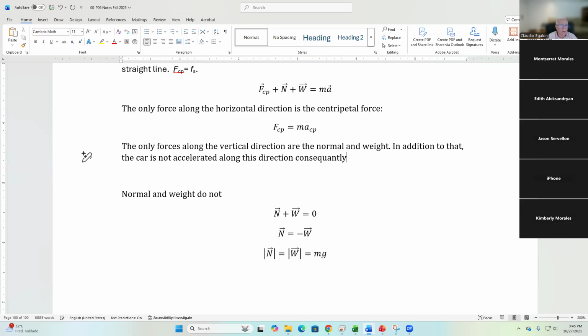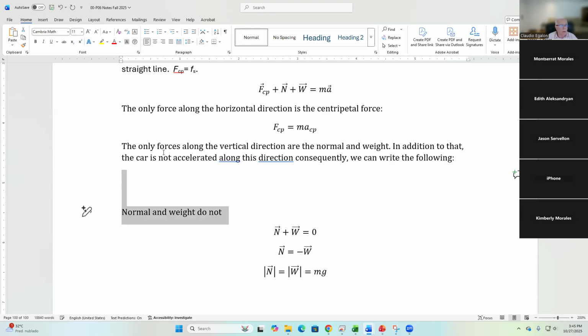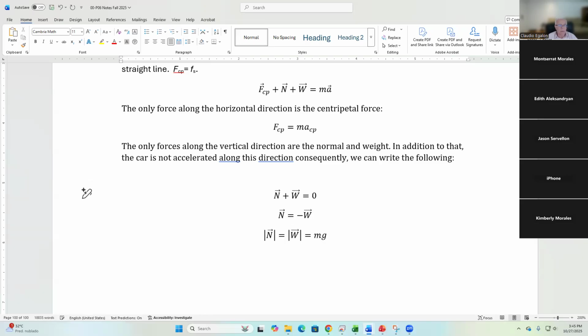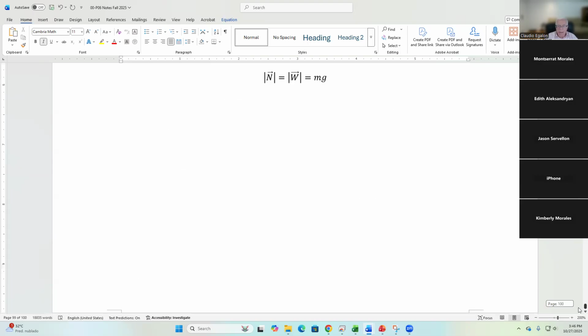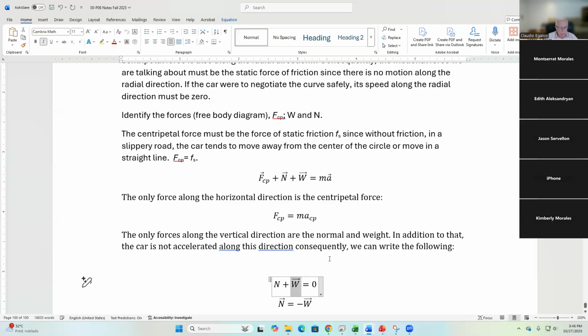Consequently, we can write the following: N plus weight, right? The normal is along the positive direction, but the weight is along the negative direction. So I'm going to write it in a different way. Instead of writing like a vector, now I'm going to write like a scalar, where the negative sign is already implicit in the terms. Okay?